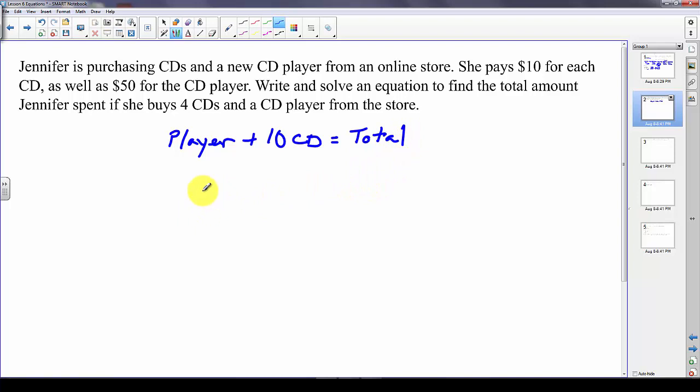So I know the CD player was $50. I know it's $10 for every CD, and we'll call the CDs, let's just call it variable C, and that's going to equal an unknown total.